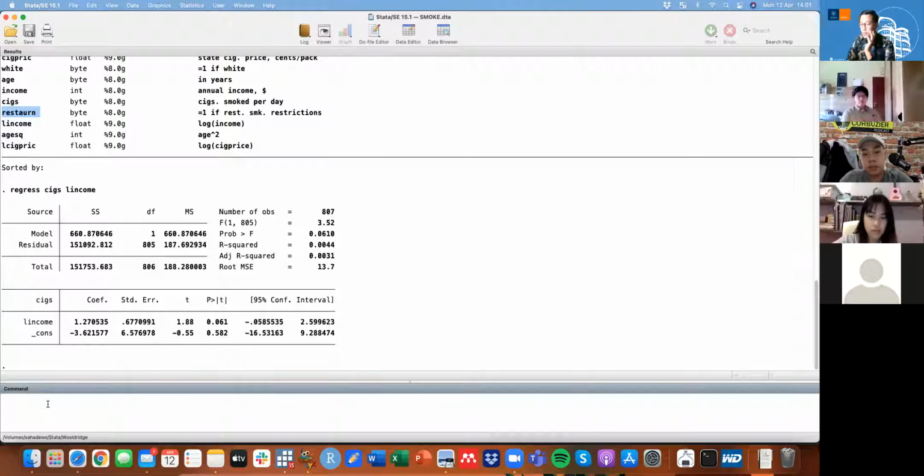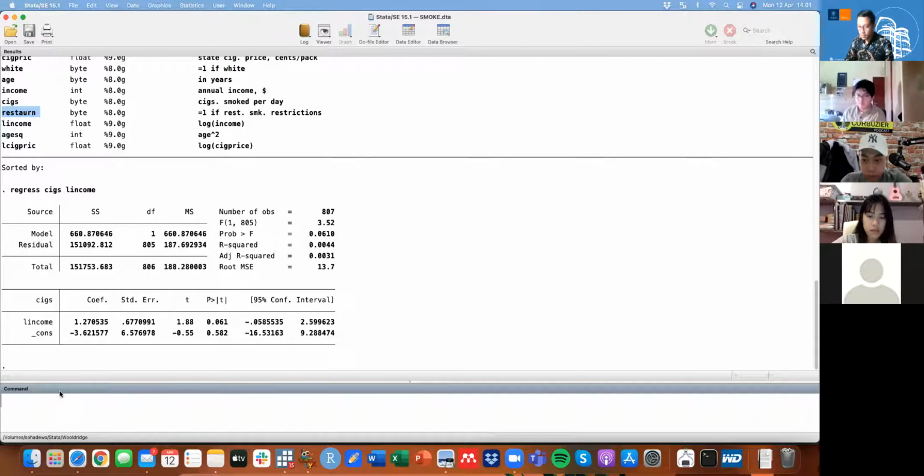But the thing that we can do is called the RVP plot. What is an RVP plot? The RVP plot is a feature in Stata that allows you to plot the residual versus the predictor. That's why it's called the residual versus the predictor plot.